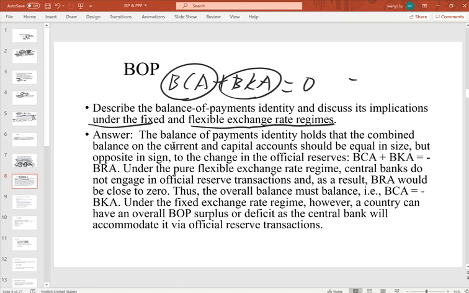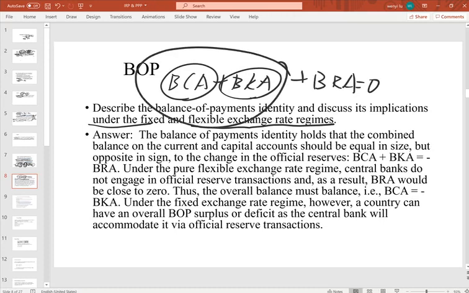For our balance of payments, the combined balance on the current account and capital account should be equal in size but opposite in sign to the change in the official reserve account. So if the three terms equal 0, it means these two accounts must differ from this one in sign and also in numbers.